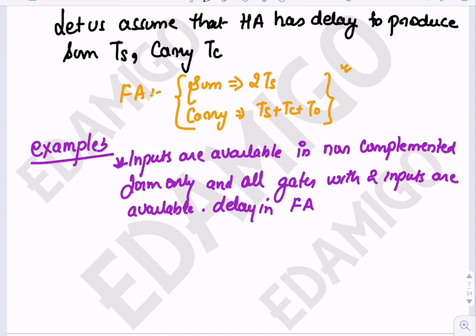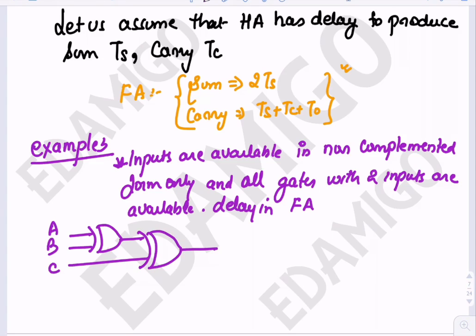Okay, so we know that the sum is equal to A XOR B XOR C. So we will use two input XOR gates. So we need two two-input XOR gates, and we can see that there are two levels.